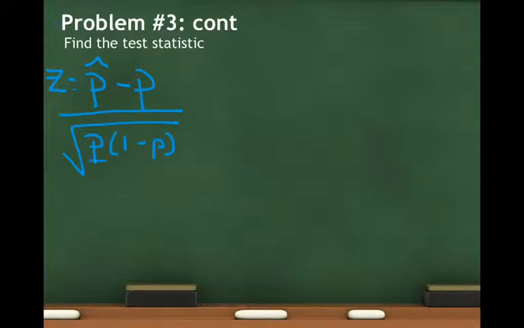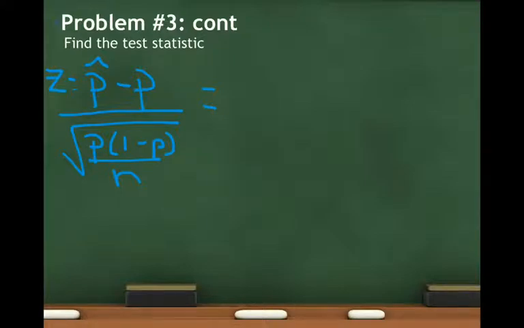Let's find our test statistic. Remember, it's going to be z equals p hat, or sample proportion, minus the population proportion, divided by the standard deviation. Why don't you pause the video and write up the setup for your test statistic, your z-score, and see if you can find your test statistic.